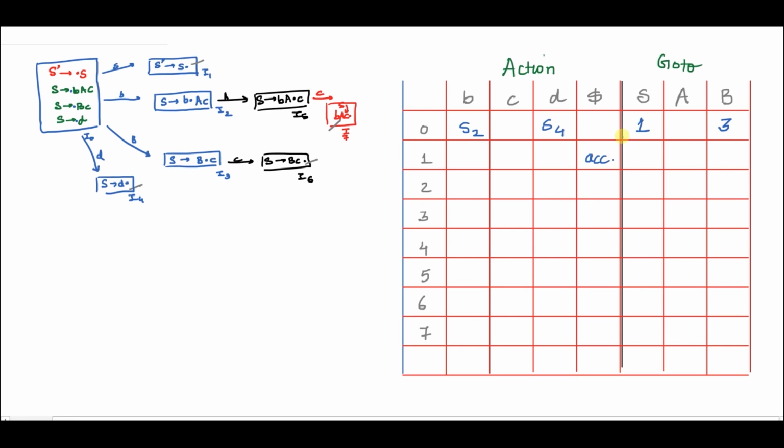Now considering S2, I2 on capital A takes me to I5, so I can put 5 here in the table, and I3 on small c takes me to I6, so S6.